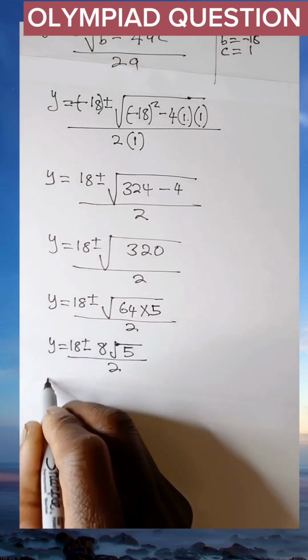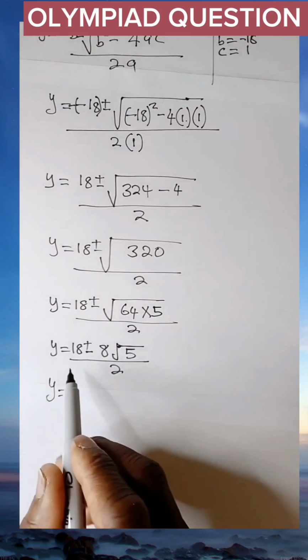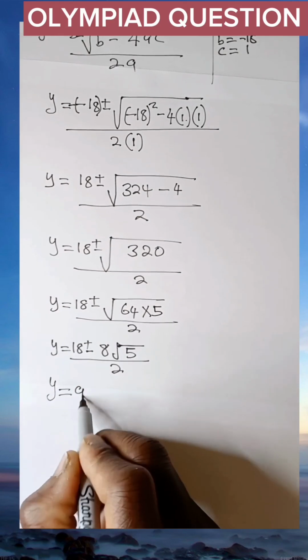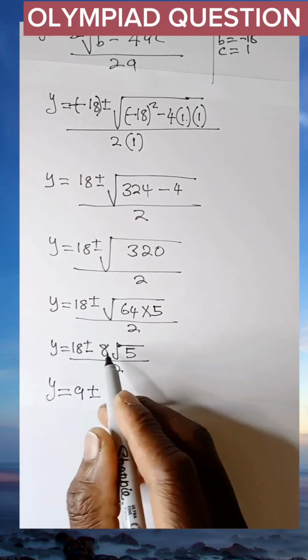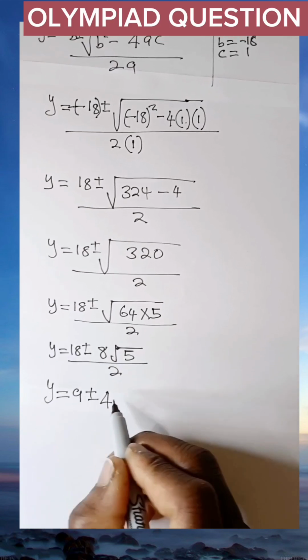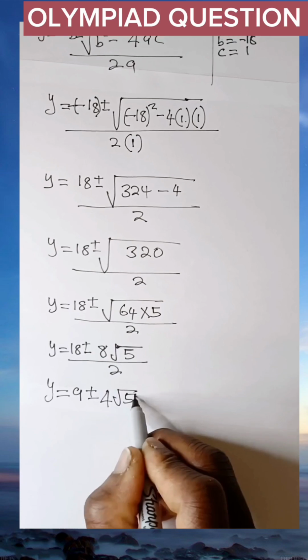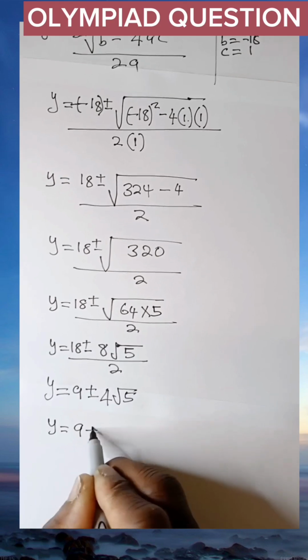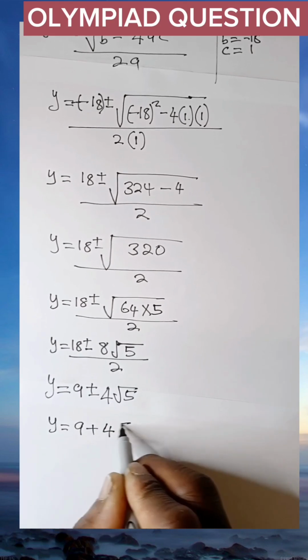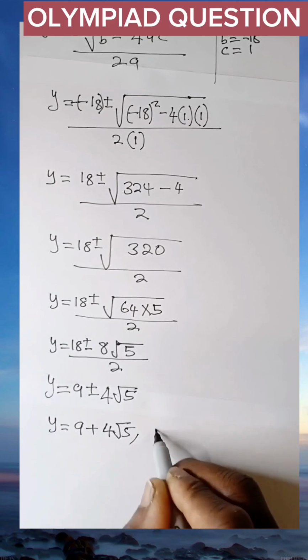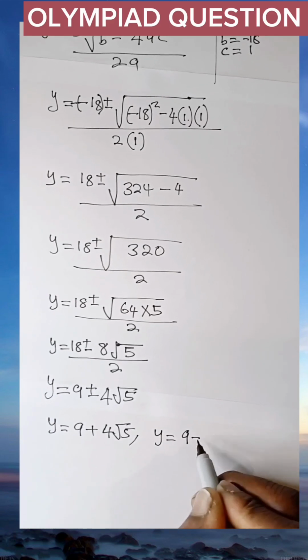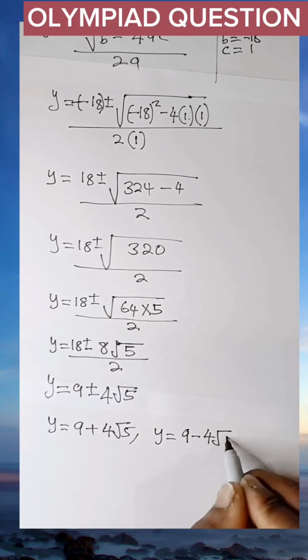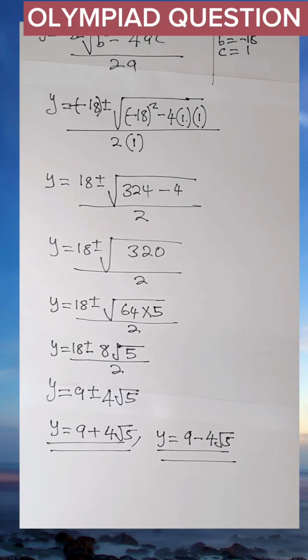So we have y is equal to 18 divided by 2 will give us 9 plus minus 8 divided by 2 will give us 4 times the square root of 5. We have that y is equal to 9 plus 4 times the square root of 5, and y is equal to 9 minus 4 times the square root of 5.